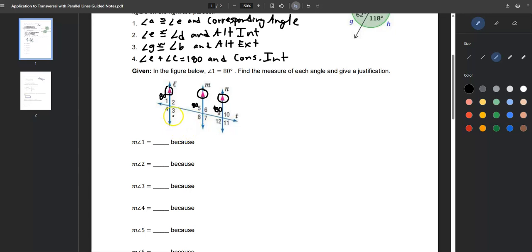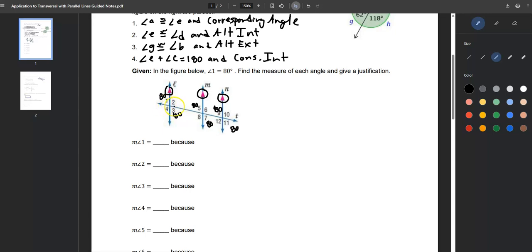Okay? I can go to angle 3 here. That's vertical to angle 1, so that's going to be 80. And then 7 and 11 are also going to be 80 because they're in that lower right corner with 3. Remember, vertical angles are always congruent. Then let's talk about the other ones. Angle 2 and angle 1 are linear pairs. Remember, linear pairs are always supplementary.